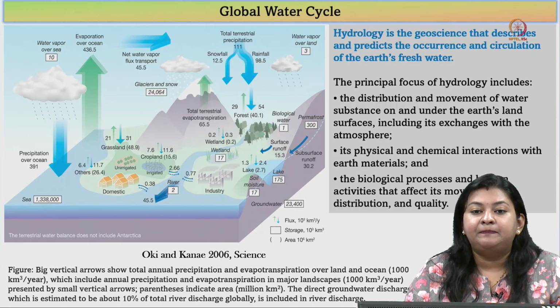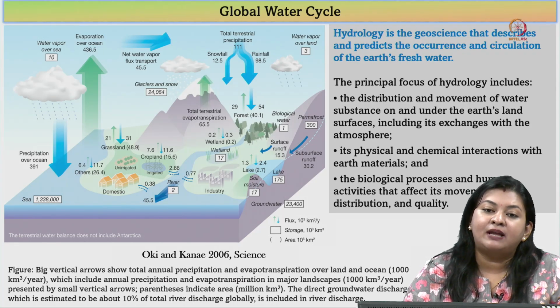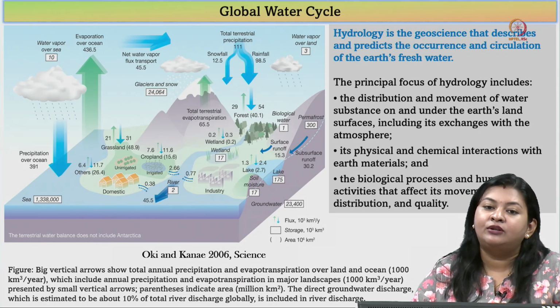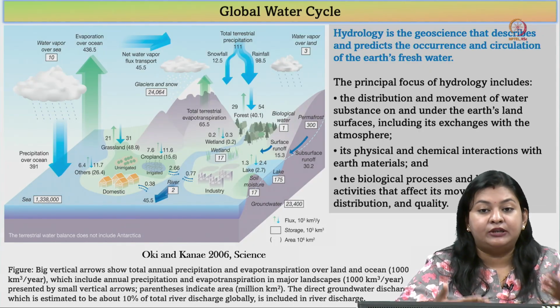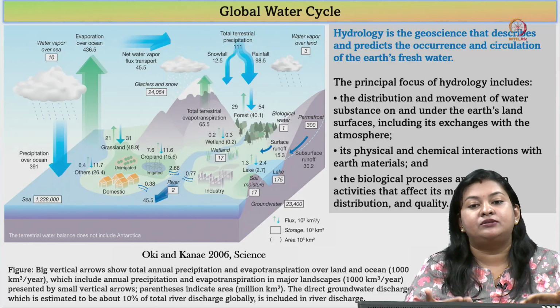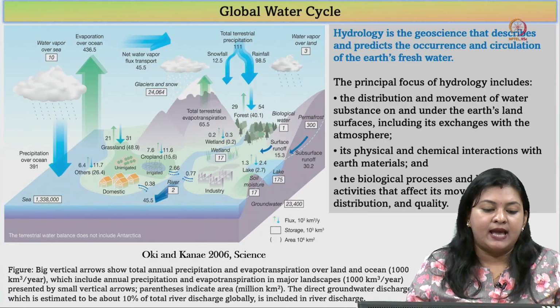So definitely the precipitation happening on the oceans will also be much higher than on land. Whatever evaporation is happening, 80% of that is again going back into the oceans.